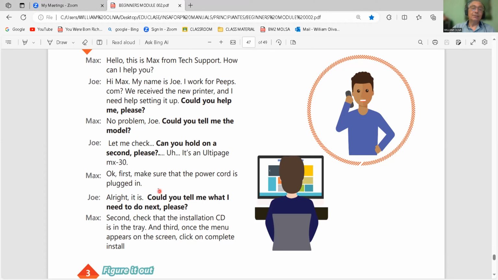Vocabulary, tray. Let's speak about tray because it has several meanings. Una tray es una bandeja. If you go to the restaurant and the waiter brings all the food in a big tray, I don't know how they do that, but they carry un montón de comida.